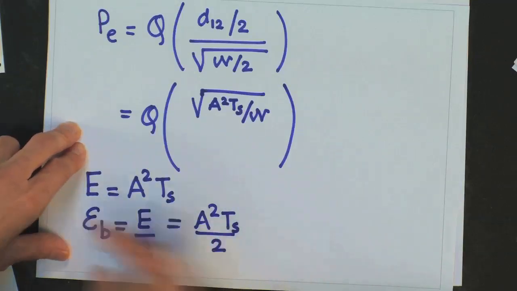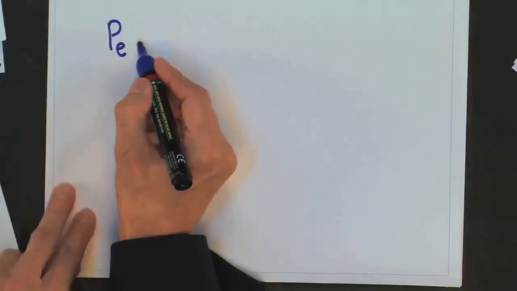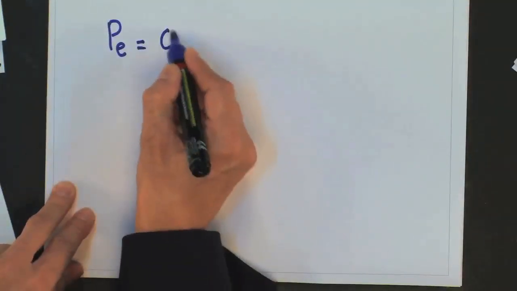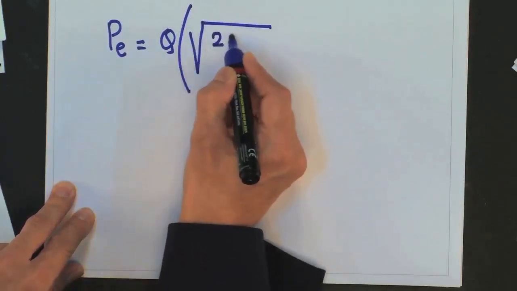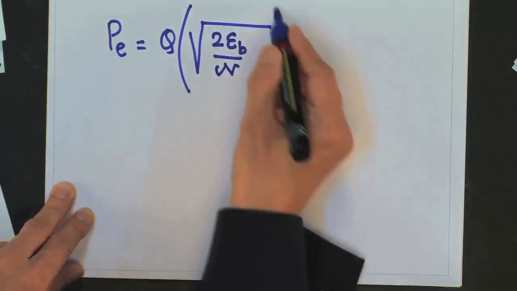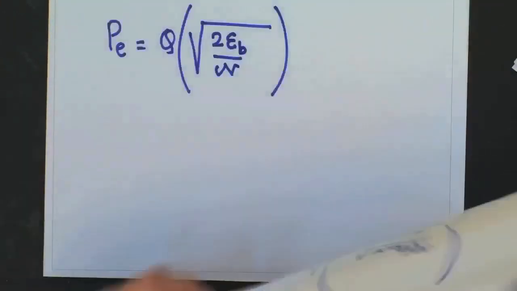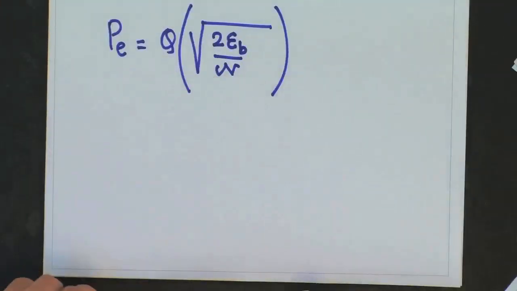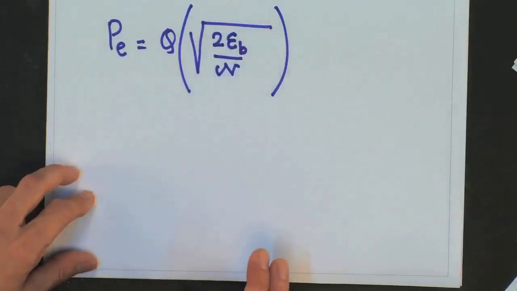So, from this we get the probability of error to be equal to Q of root of 2 Eb by N. Substitute here and you get this quantity. So, this is indeed the same as derived earlier.